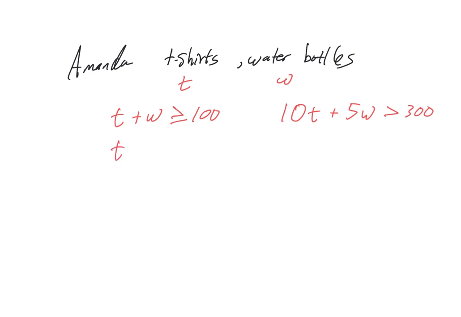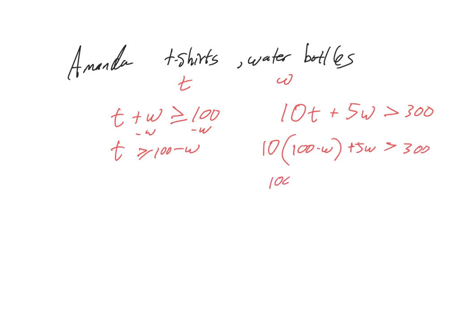I'm going to subtract W from both sides. So I'll have T is greater than or equal to 100 minus W. I'm going to put that in the other equation for T. So where the T is, I'm going to replace it with 100 minus W, plus 5W greater than 300.